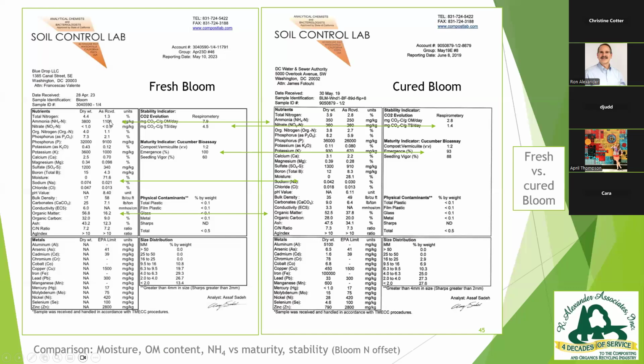Take a look at the ammonia content. There's your 1100, and it goes down to 250. So it converts to slow release nitrogen, which is very good. And then you look at the maturity numbers, they're better, and the stability numbers are better, just like the science shows us.